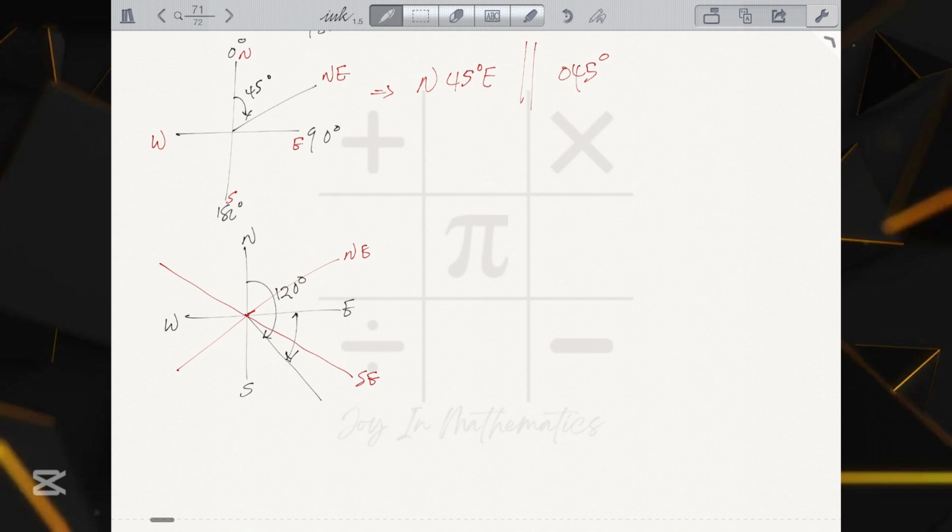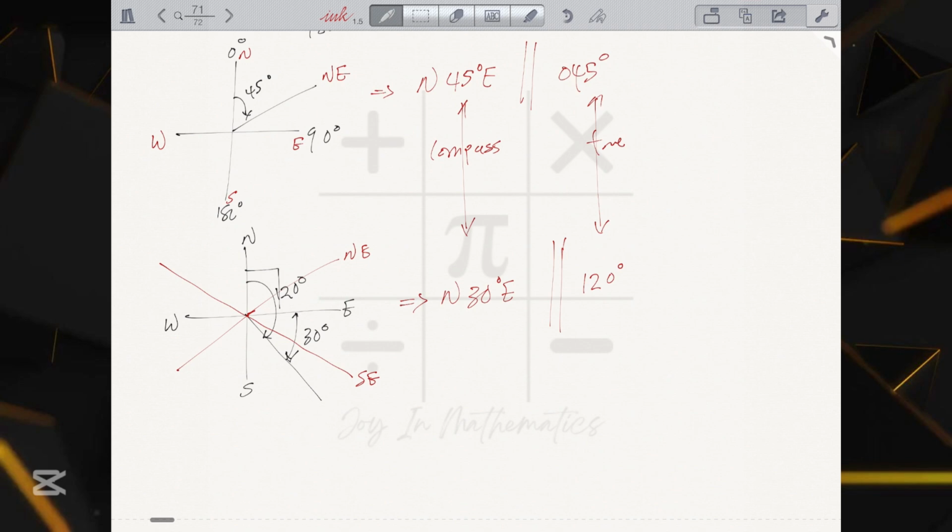Because if here is 90 degrees, then this way will be 30 degrees. Therefore we can write the compass bearing as north 30 degrees east and the true bearing as 120 degrees from the north. So we call this the compass bearing, and we call this the true bearing.